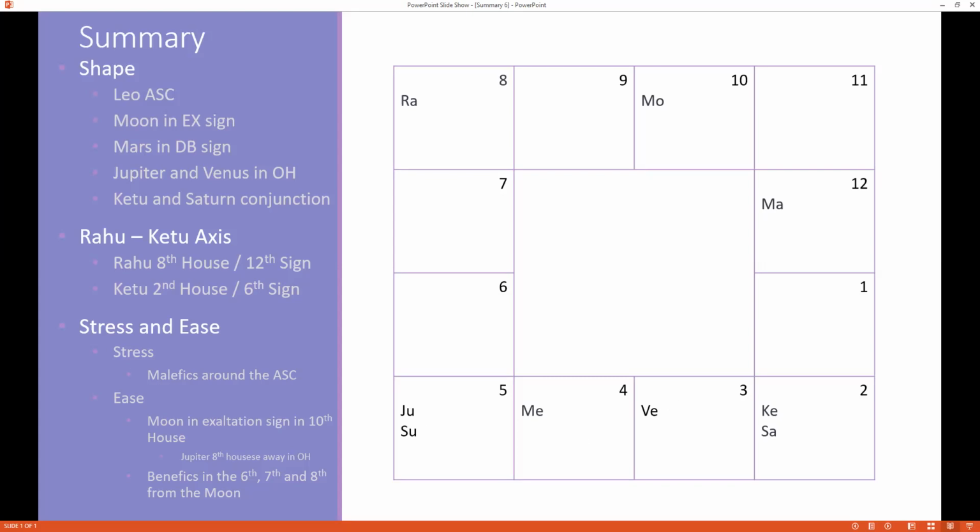So those are some observations about the shape of this chart without getting into the ins and outs too much of what they mean.